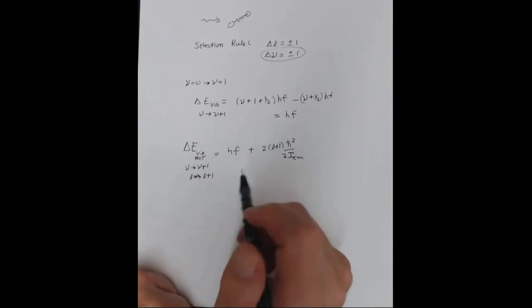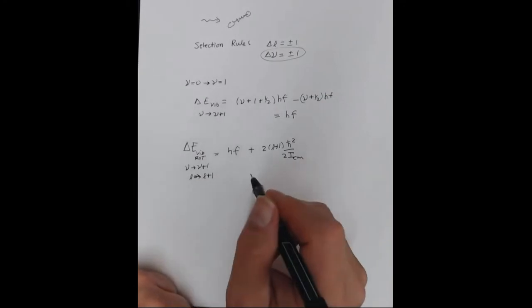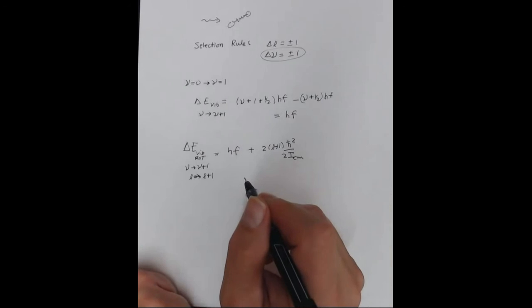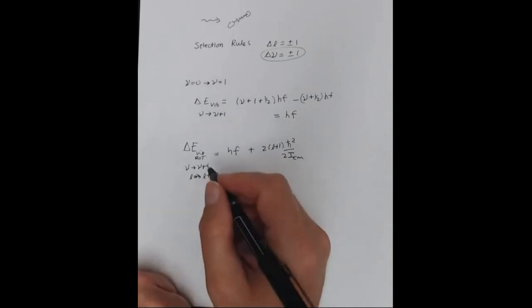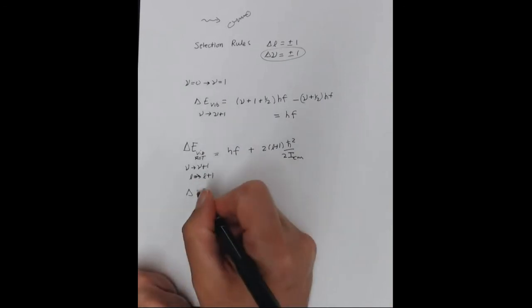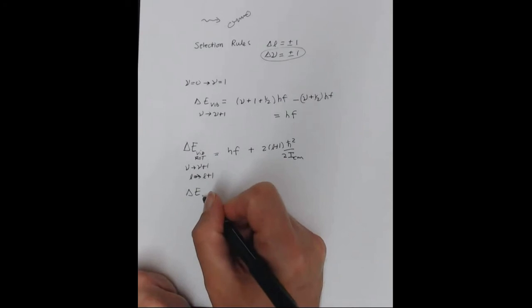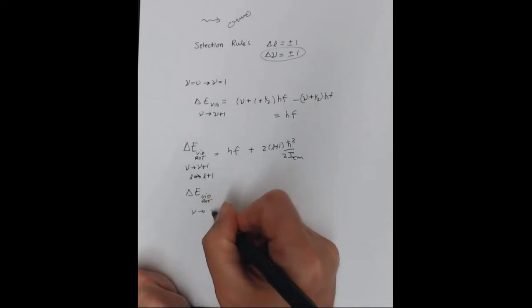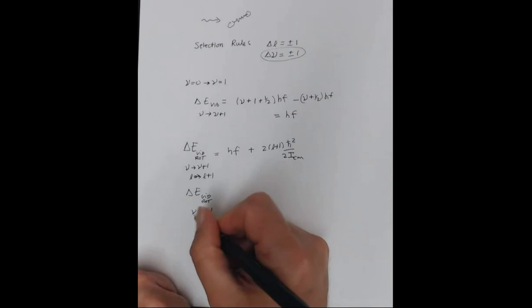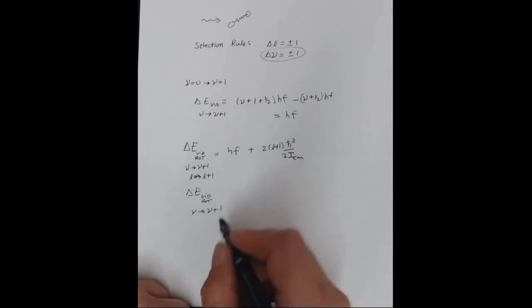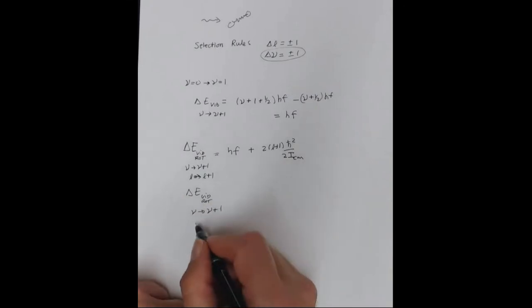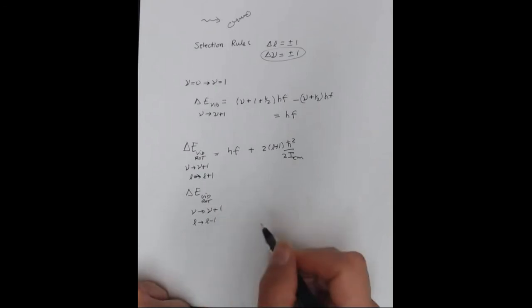And what happens if we go the other way for L? The vibration has to go from nu to nu plus 1, because we're going to absorb. And let's say we have L to L minus 1.